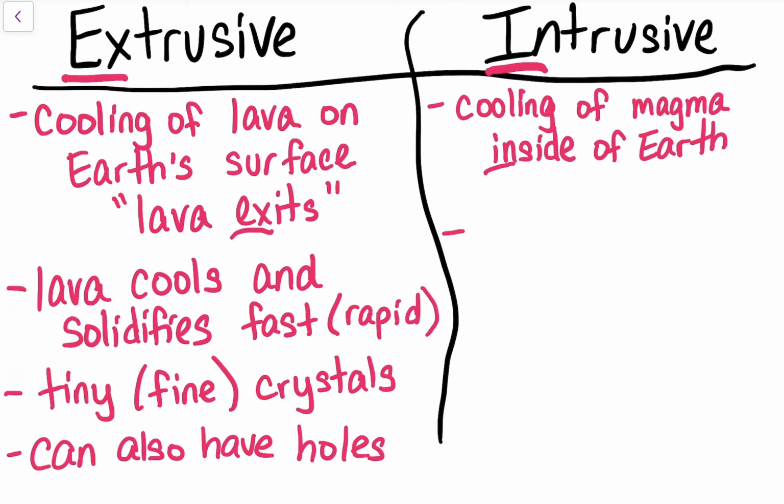Because this magma is cooling and solidifying very slowly, the magma is cooling inside of the earth, so it can cool very slowly. It takes a very long time for these rocks to form, for the lava, the magma, to form a solid rock.